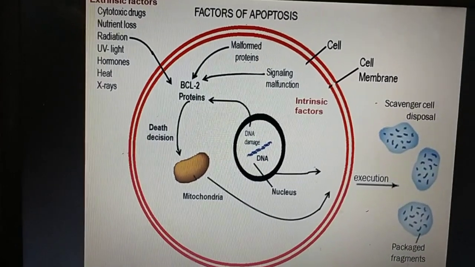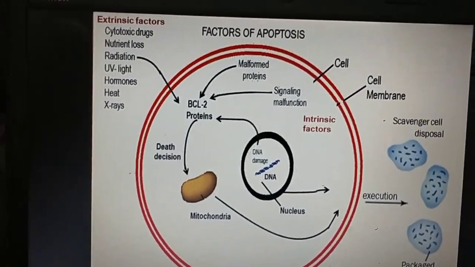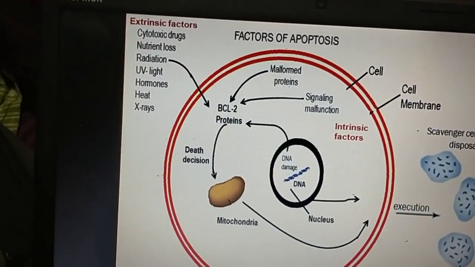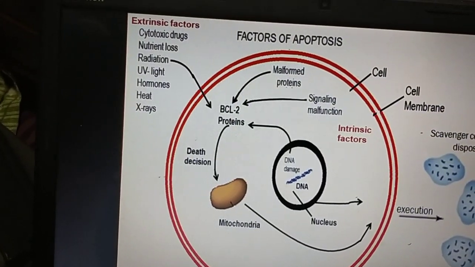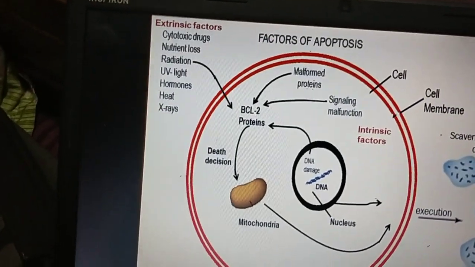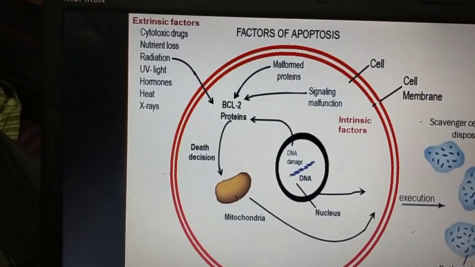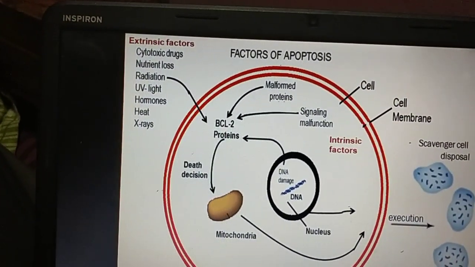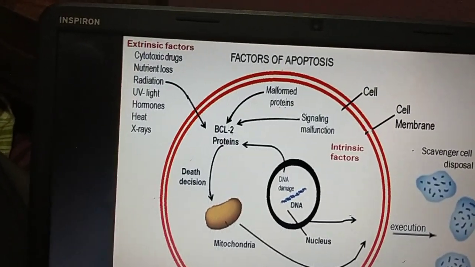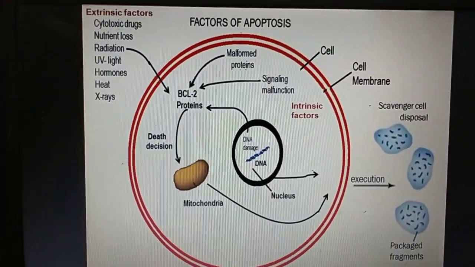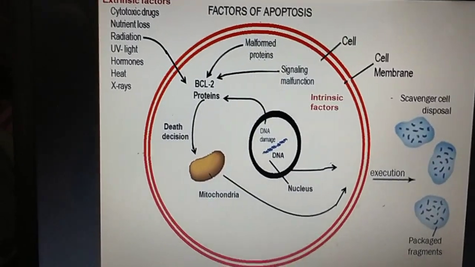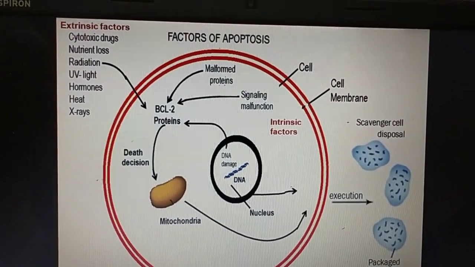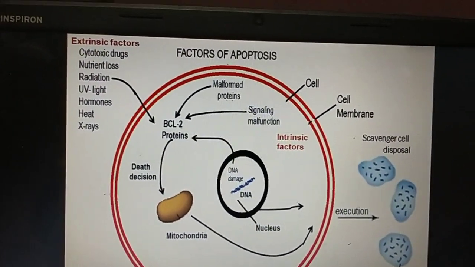The BCL2 protein, in association with the extrinsic factors, makes the decision, and the mitochondria break down with secretion of cytochrome C. Intrinsic factors are signaling, manufacturing malformed proteins, etc.